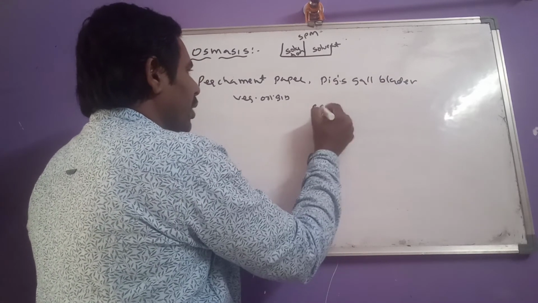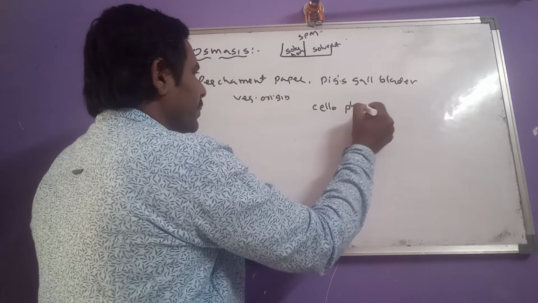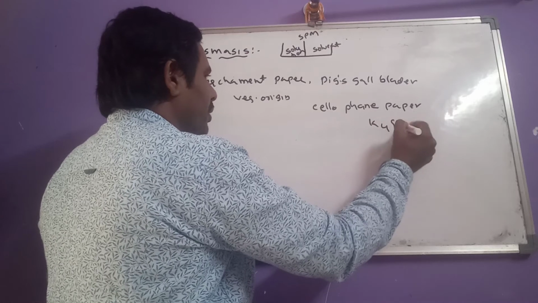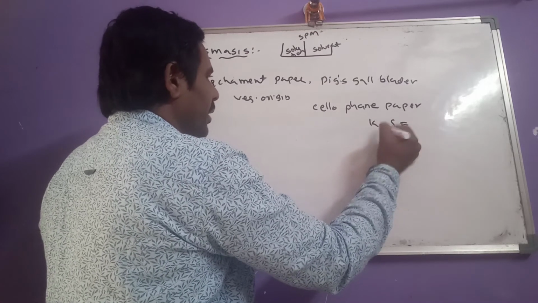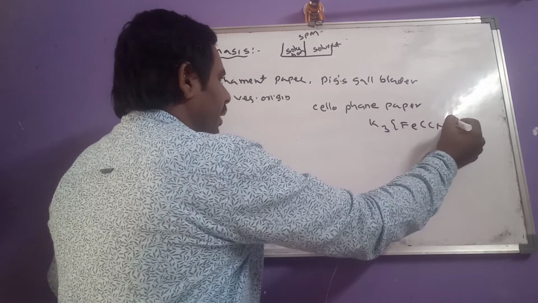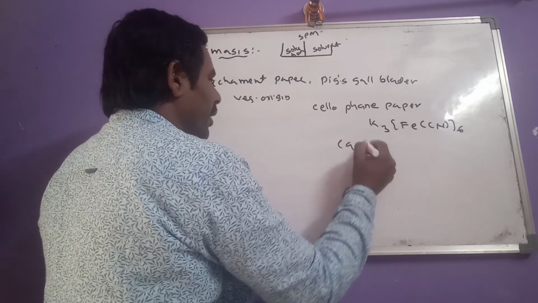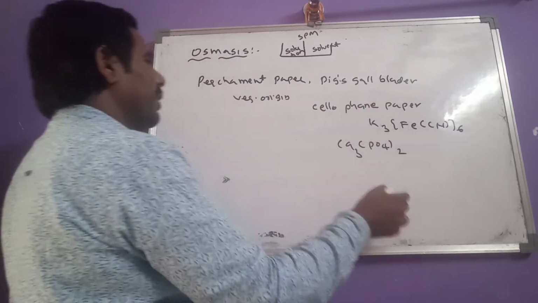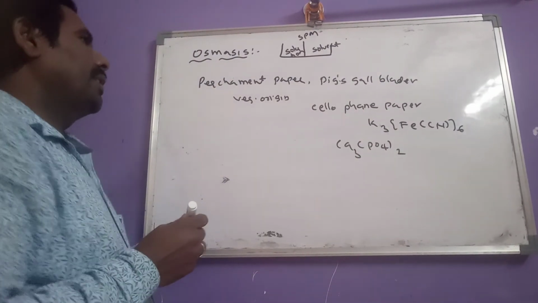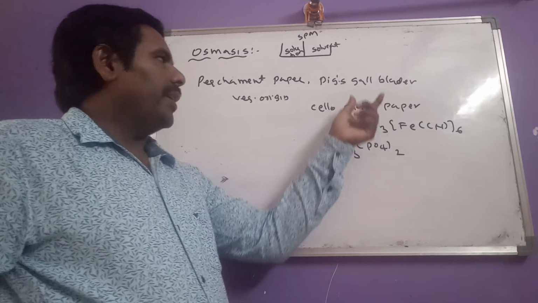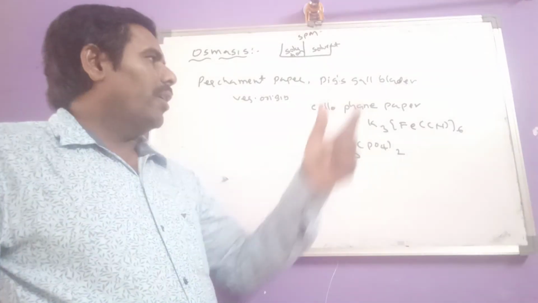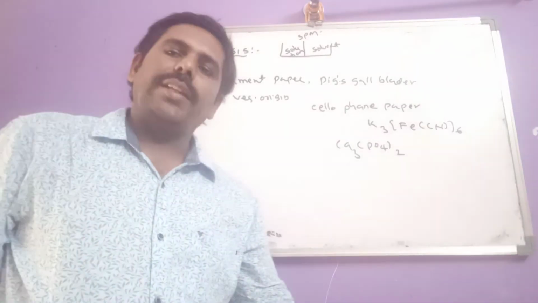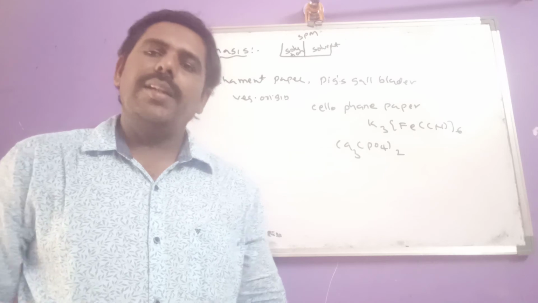Then cellophane paper, potassium ferrocyanide, okay, ferricyanide also you can take, potassium ferricyanide, calcium phosphate. These three are synthetic, and pig's gallbladder belongs to animal origin, and parchment paper belongs to vegetable origin.